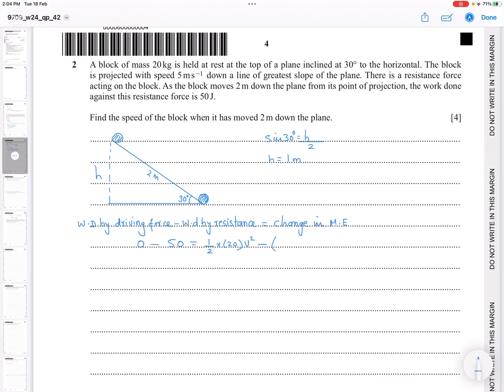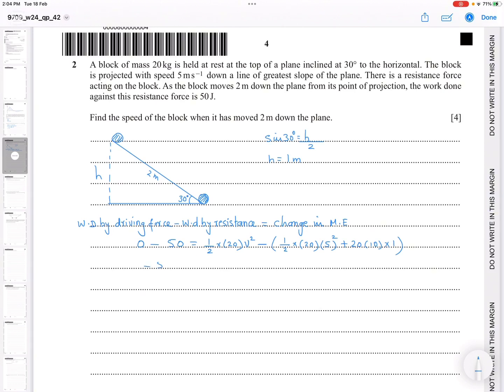So we can place the values: 1 over 2 into 20, and the initial velocity was 5, plus potential energy m g h, so m is 20, g is 10, and h is 1, which we just found out with the help of sine 30 degrees.